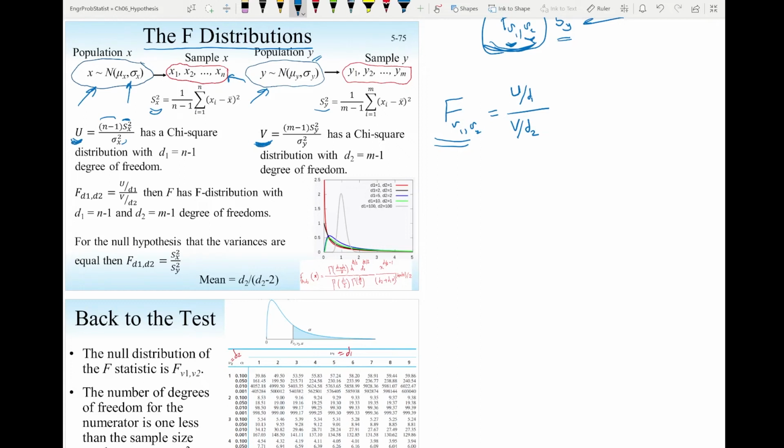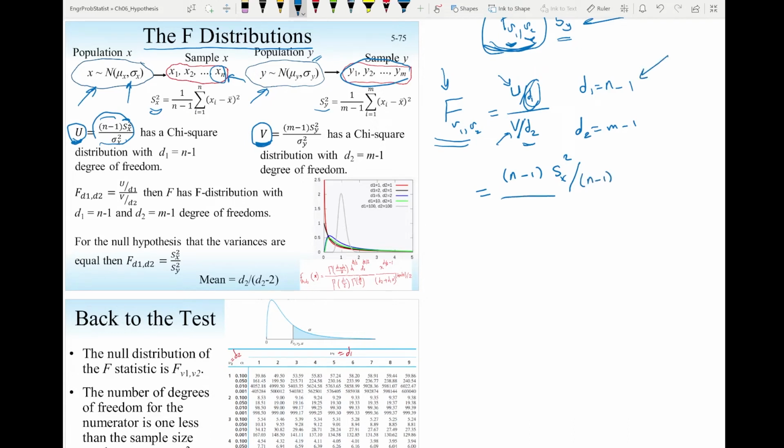Now, if I create a new random variable F that consists of this one divided by its degree of freedom, in this case D1, which will be the size of the sample, n minus 1, divided by this random variable V, which also has a chi-square distribution and is also divided by its degree of freedom, D2, which will be m minus 1, the size of this sample. So I can write F using this definition. That will be n minus 1 times sx squared divided by sigma x squared, divided by D1, which is n minus 1.